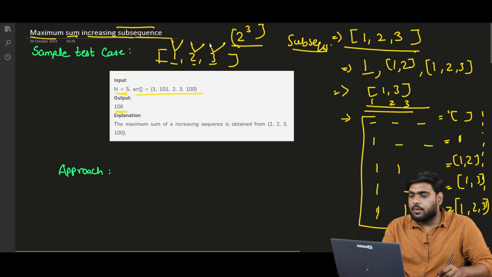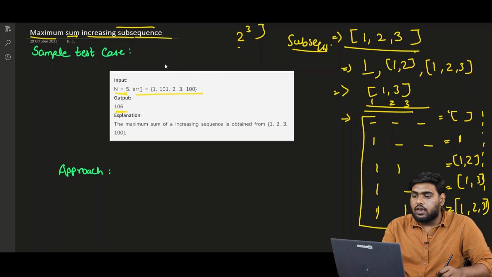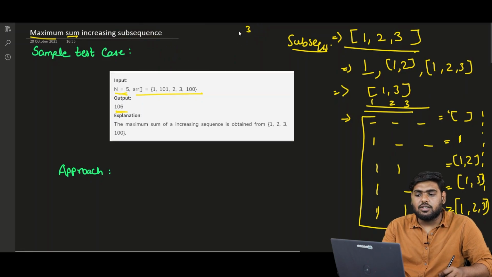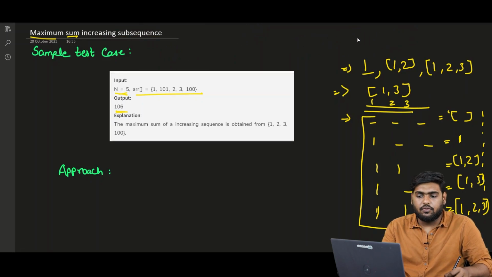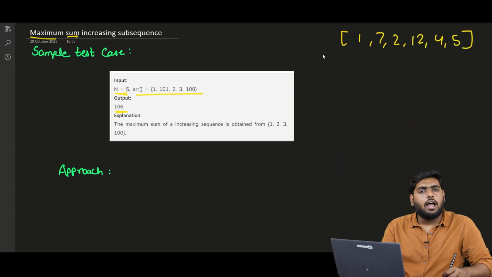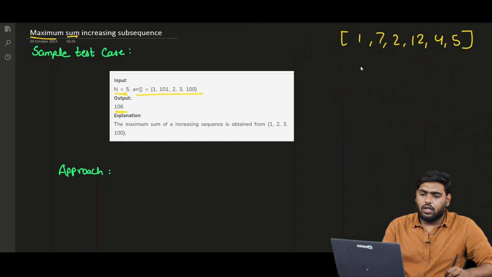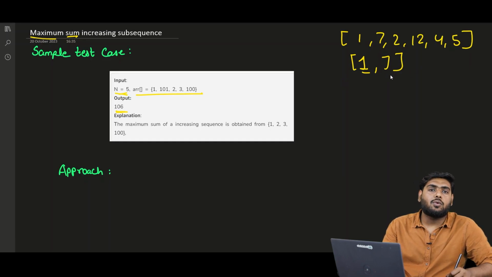Now we are clear about what subsequences are. Now we are talking about increasing subsequence. Okay, let's take another example for it. I have taken one random array here, and if I have to form subsequences, can I say 1 and 7? Is this an increasing subsequence? Yes, this is, because you can see 1 is smaller than 7 and this is a sorted array, correct?